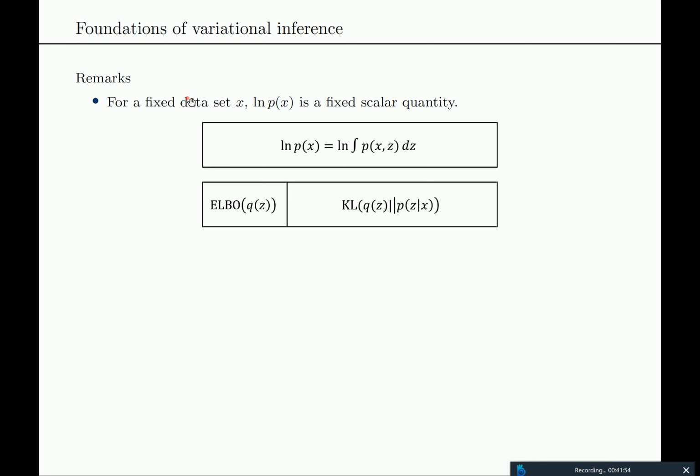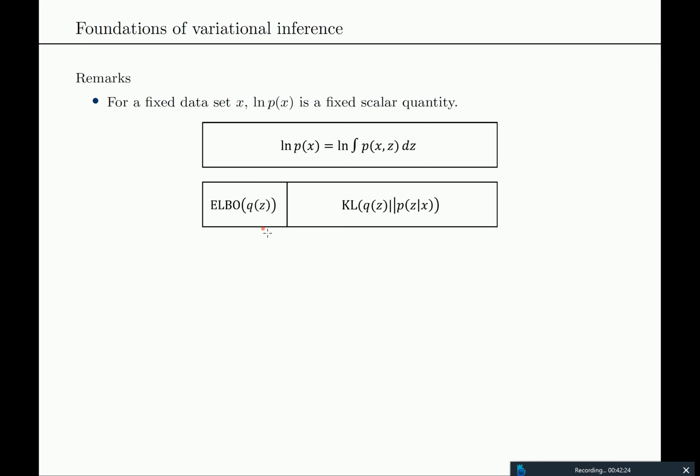For a fixed data set X, the log marginal likelihood, also called the log model evidence, is a fixed scalar quantity, and the size of this quantity I draw here as the bar. Now, what we've seen is that we can decompose this bar, this number, so for example the number 10, into two numbers, for example 2 plus 8.